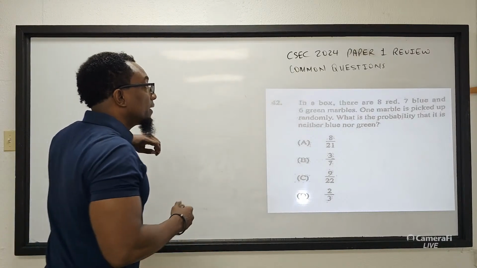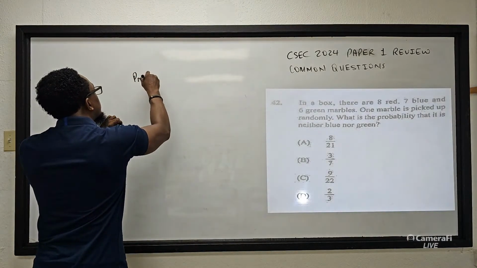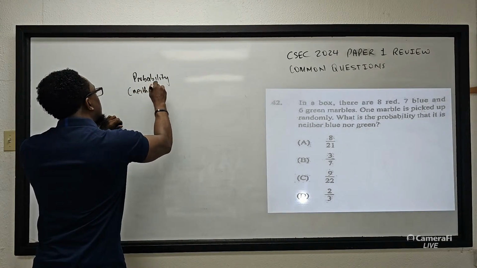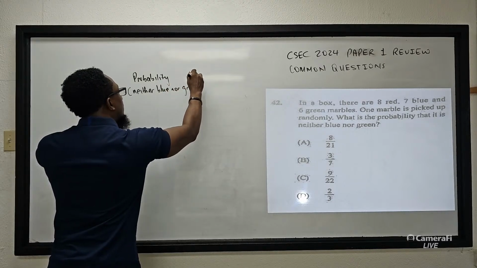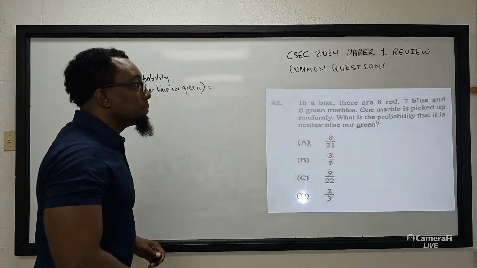So therefore, for 42, the probability that it's neither blue nor green is what? Remember how we find probability?